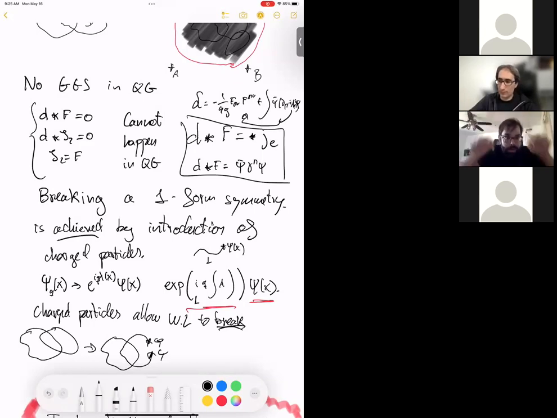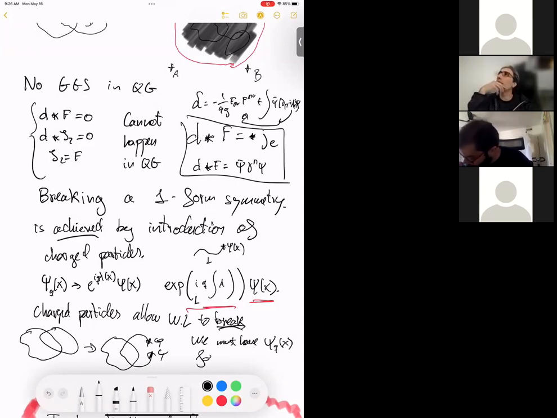And once you open them, if you can cut the lines open, there's no way that you're gonna get anything conserved. So adding charged particles in this way is a more pictorial way of seeing that the symmetry is broken. But the nice thing that this picture realizes is that we must have a psi of x, psi q of x, for every q.